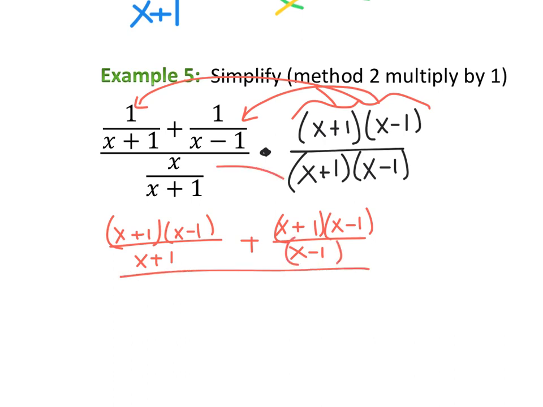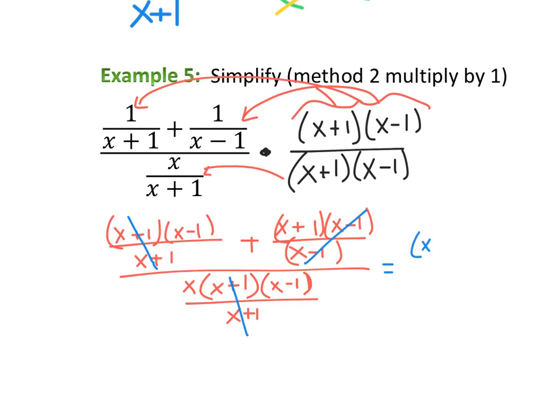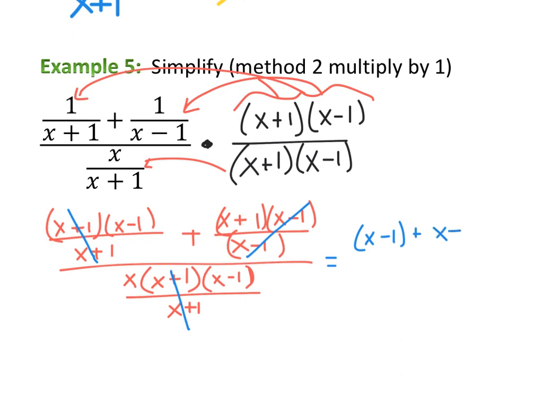And on the bottom, when I do the multiplication, it gives me x plus 1, x minus 1 over x plus 1. And if you look, all these fractions have some things that cancel out. And I go straight to having x minus 1 plus x plus 1 over x times x minus 1.